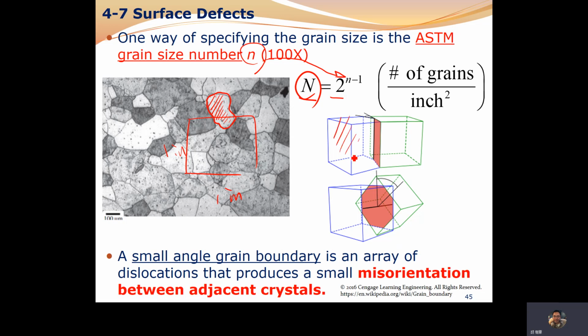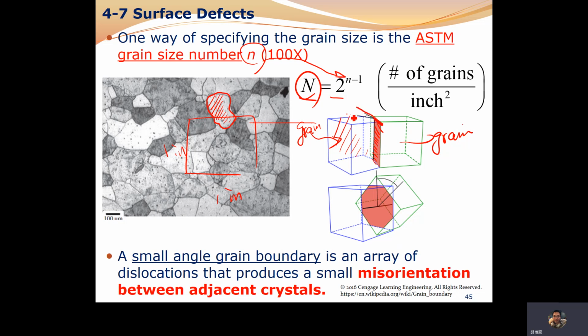This is one grain, and this is the other grain, and this is the grain boundary. It's a surface. The small angle grain boundary is right here.